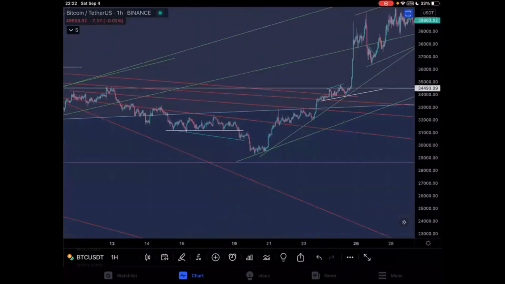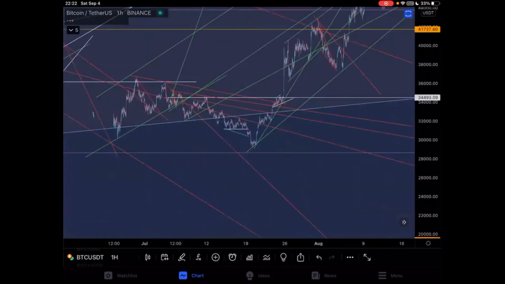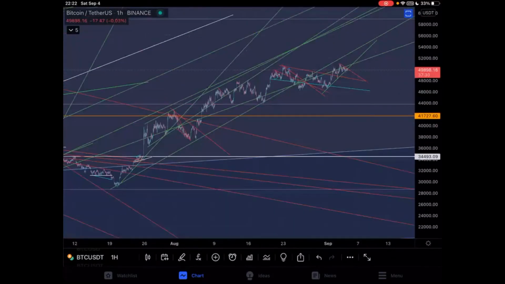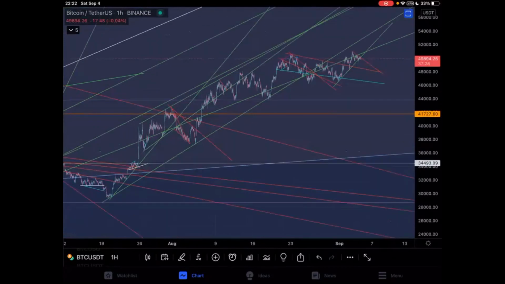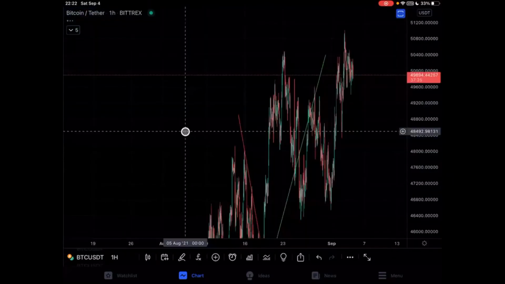So even that rather large channel now, I don't know if you could see it, but this was actually the uptrend that we were just looking at. So let me come back down to this one.